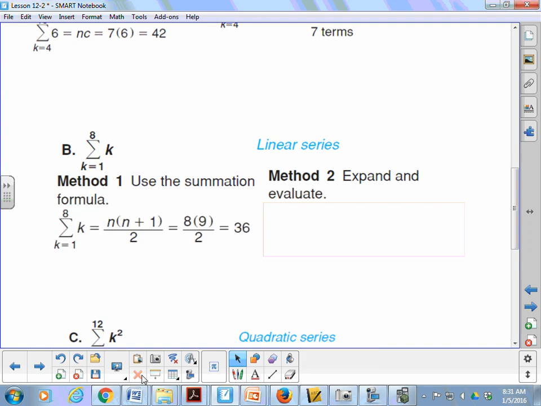So 8 times 9, 72 divided by 2 is 36, using the formula. Because here's the formula for if it's just linear k: n times n plus 1 divided by 2. So 8 times 9 divided by 2. Or you could write out the numbers 1 through 8, add them up, and get 36.